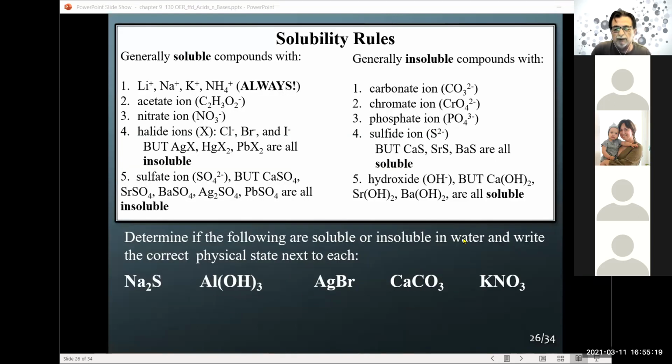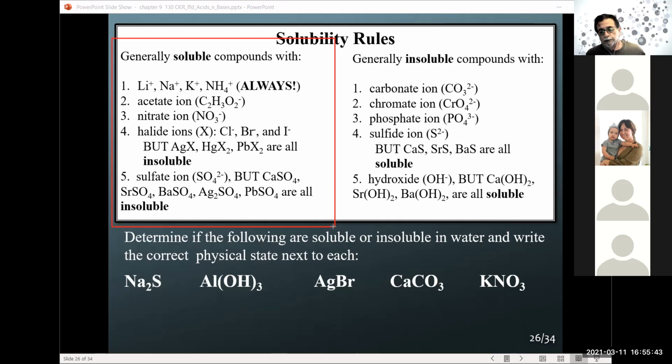As I mentioned before, the solubility rules, which are found on the periodic table, bottom right corner, are broken up in 2 columns. The first column is designated as the soluble column.